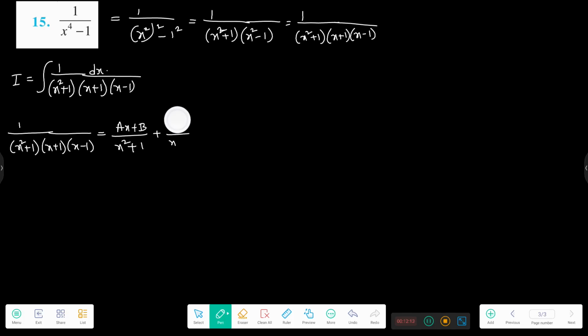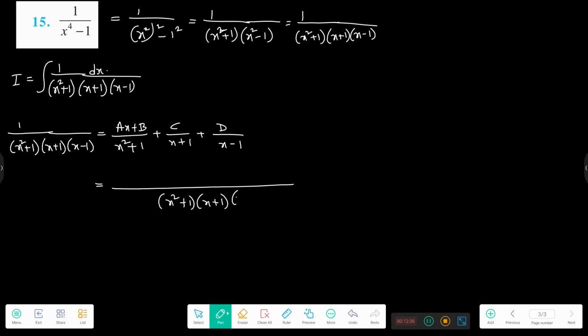Then, instead of b, here we can use c: c divided by (x plus 1), and d divided by (x minus 1). So there are 4 unknowns here: a, b, c, d. Because of the quadratic, the numerator became linear. Listen carefully. And take the LCM, which means (x square plus 1)(x plus 1)(x minus 1).